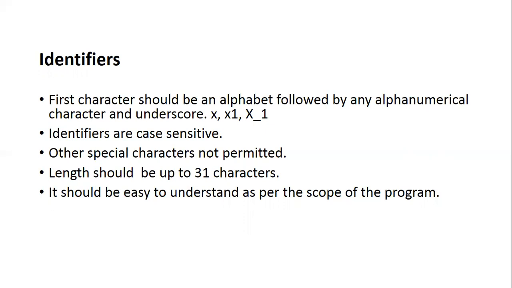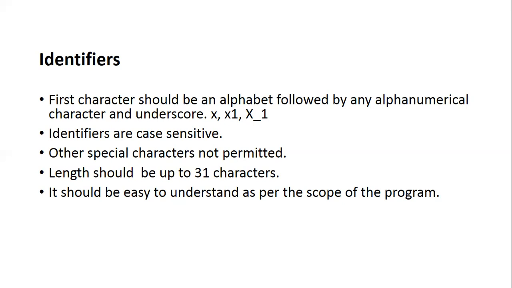The length of the identifier can be up to 31 characters, and it should be easy to understand as per the scope of the program. If we are doing the addition of two numbers, then you can name these two numbers num1 and num2. If you use another naming convention, it will be confusing to understand what the contents of that particular variable are.